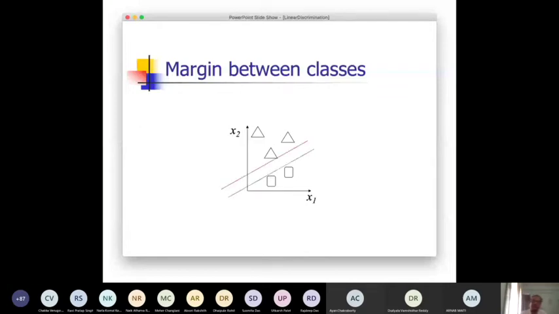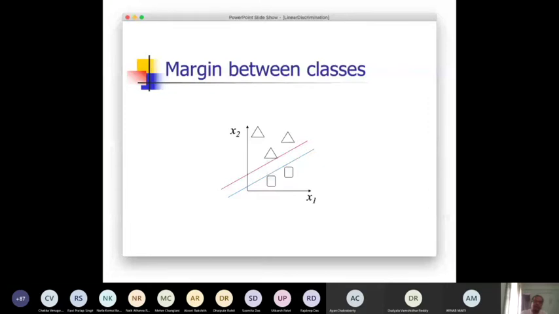Diagrammatically, if I consider a hyperplane in this direction, touching these boundary samples, this would be the margin of separation between the two classes. So we would like to get that direction of hyperplane which will give me this separation maximum.